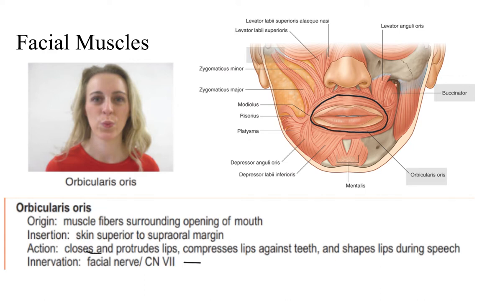So it's going to close the lips, it's going to protrude them, and give us this kissy face kind of appearance. It'll compress the lips against the teeth and shape lips during speech. So when we're talking, especially if we're making sounds like P, this will be a very important muscle for that.